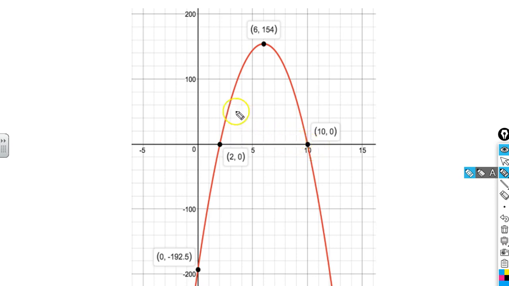And we can see if they charge $3 per hat or $9 per hat, again, it's going to have that same y value at each of those points. And so that indicates that they're going to be making the same profit whether they charge $3 per hat or $9 per hat.